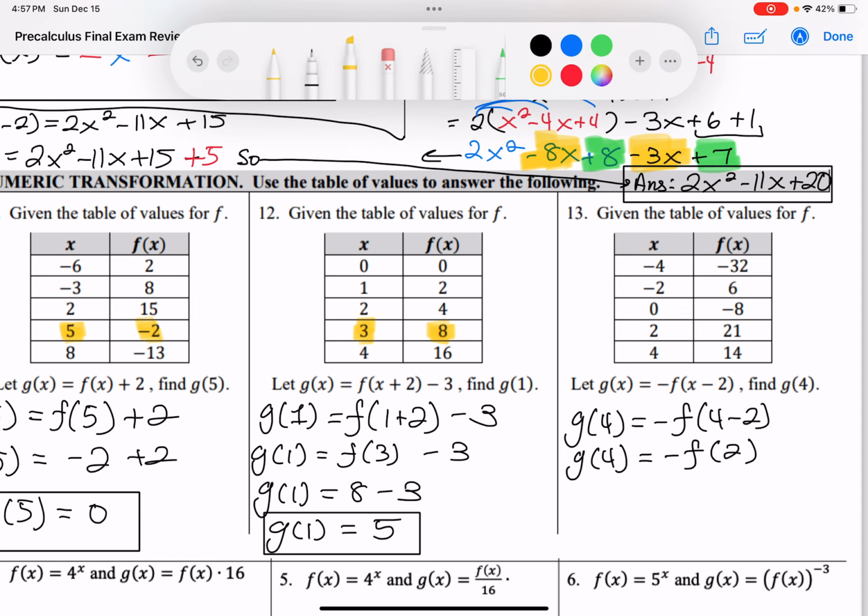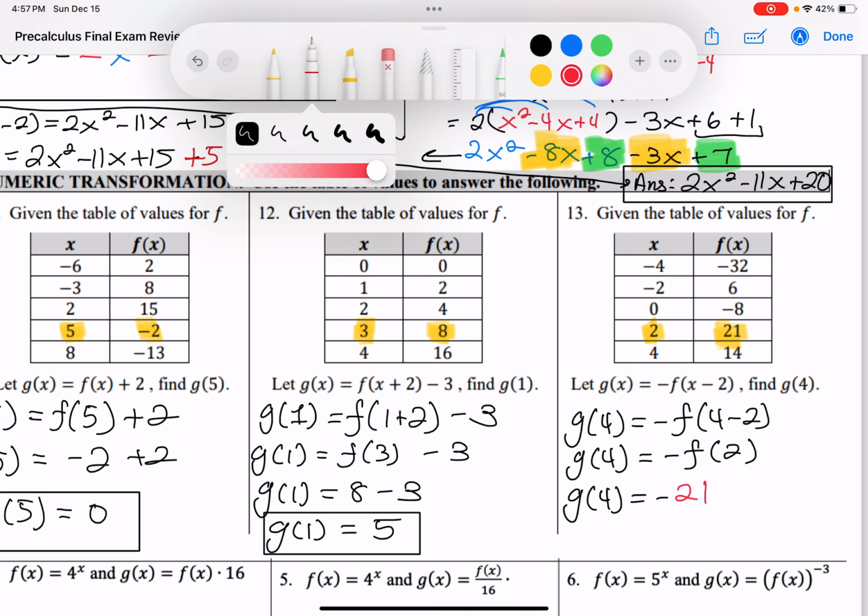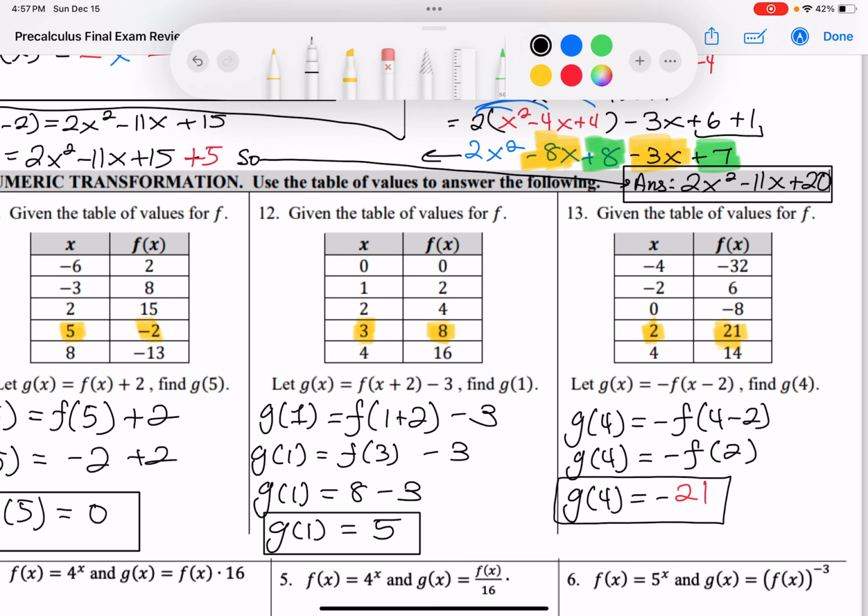Now, if you look here, f of 2 is 21. So g of 4 is going to equal negative 21. And that's our answer.